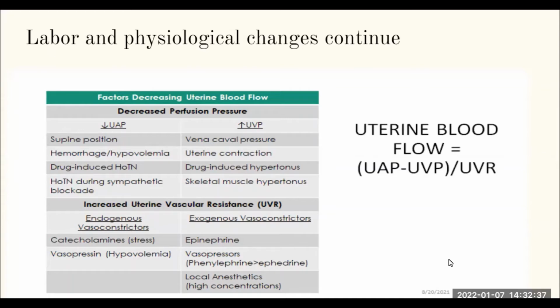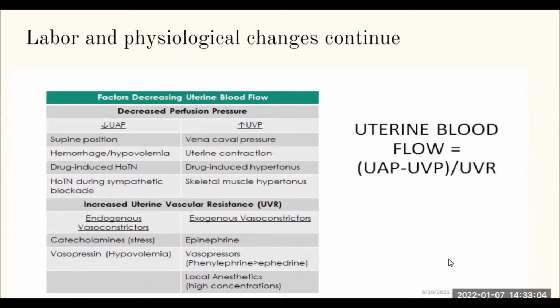There are various factors that decrease your uterine blood flow. You can have decreased perfusion pressure, especially when you have a decrease in your uterine artery pressure. Some of the factors that decrease your uterine artery pressure are the supine position, which is why it's always encouraged to do lateral displacement. You also have hemorrhage and hypovolemia.